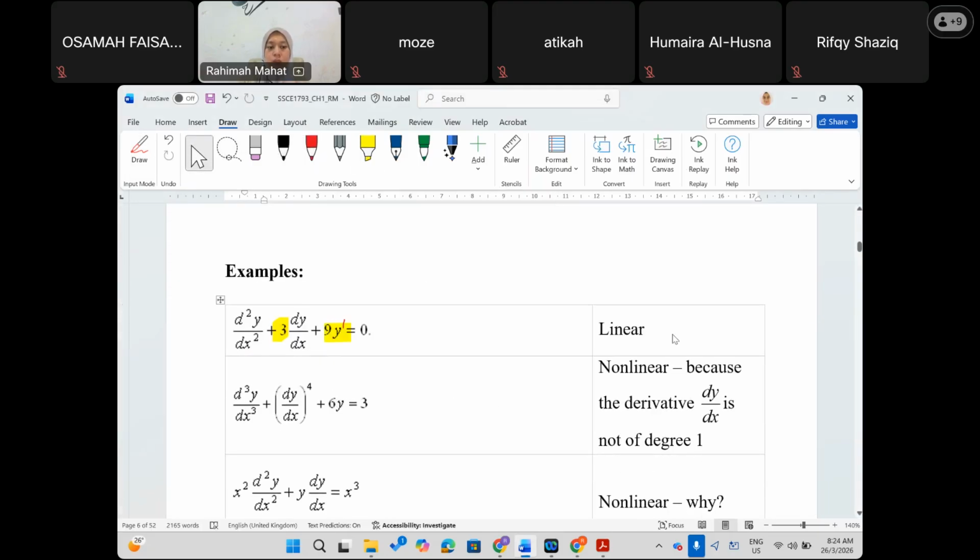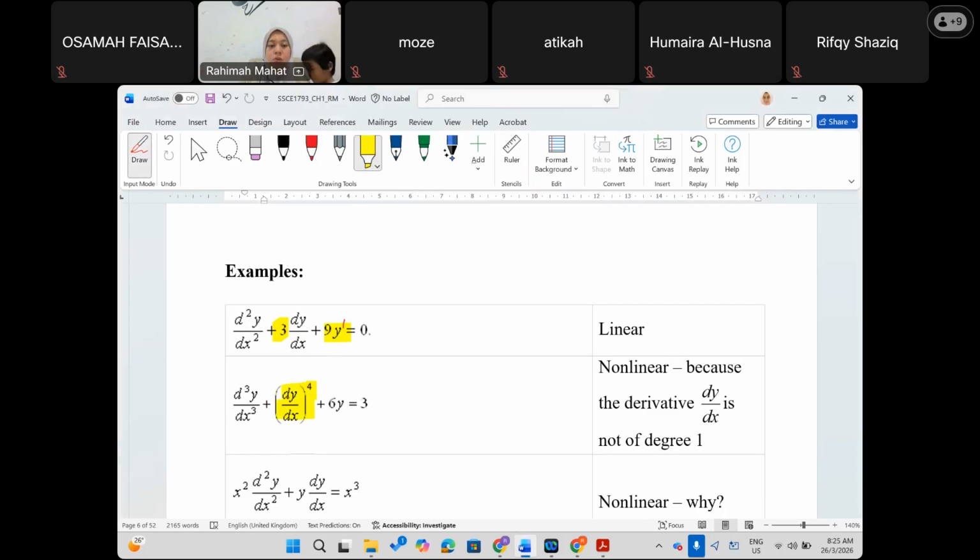Okay, and then for this one, non-linear because the degree here is not 1. If you look here, this one is power of 4.